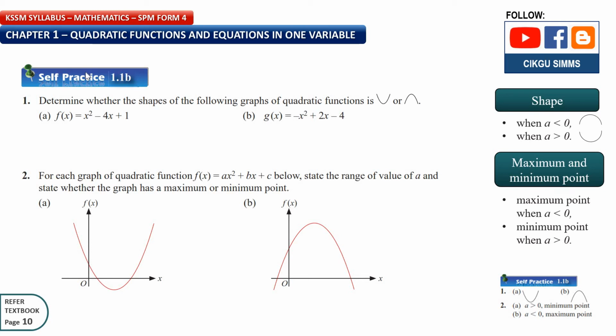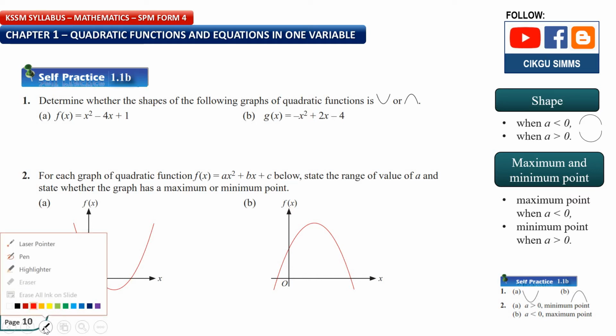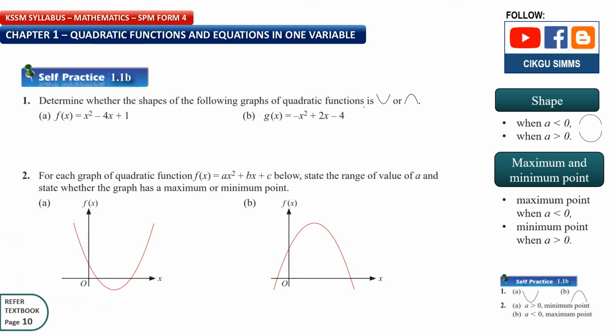So today we are going to discuss self-practice 1.1b. Question 1: state whether each of the following graphs of quadratic functions is a smiley face or a sad face. How to determine the shapes? We need to see the value of a.